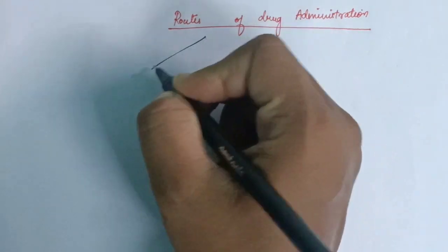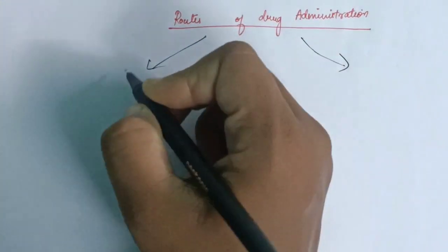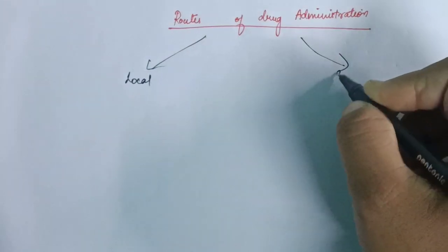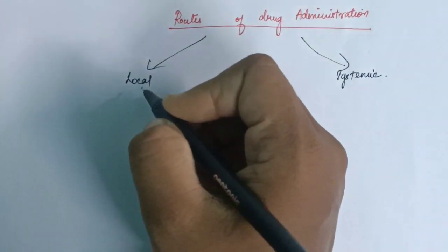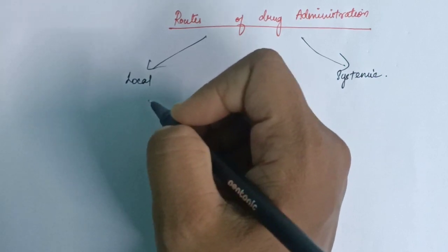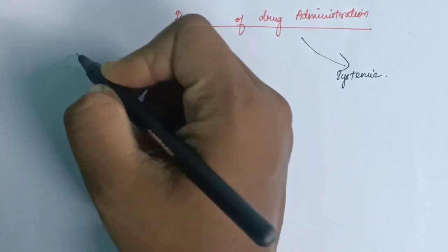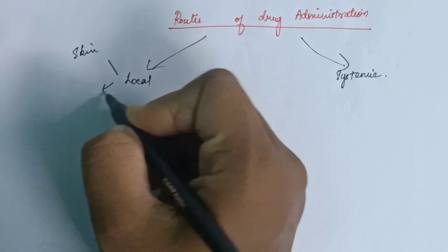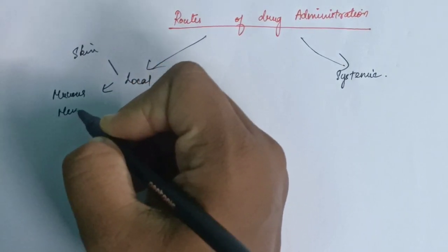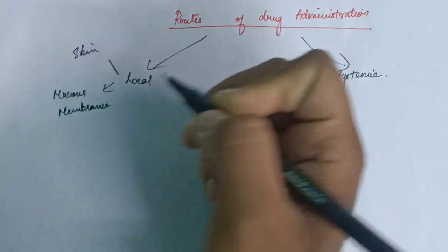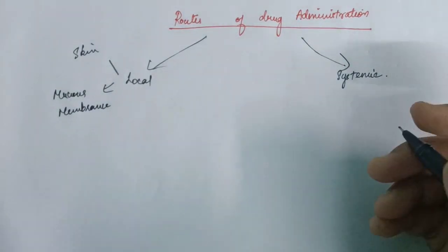Basically, you have 2 types, that is local and systemic. Local includes topical forms, which act on either the skin or the mucous membrane. We will see it in detail in the next classes.